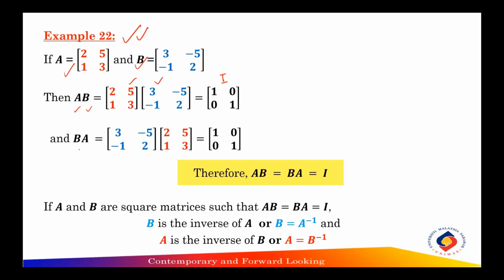The same goes for the situation when matrix B is multiplied by A. We can see that the resulting matrix here is identity. From this situation, we can say that when matrix A multiplied by matrix B is equal to matrix B multiplied by matrix A, and it gives you the identity matrix, then we can say that matrix B here is the inverse of matrix A.